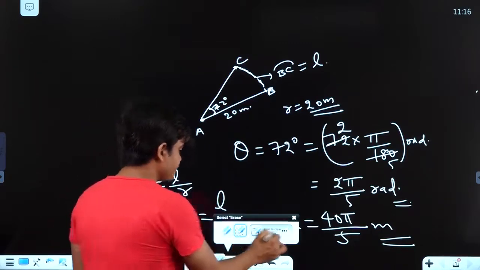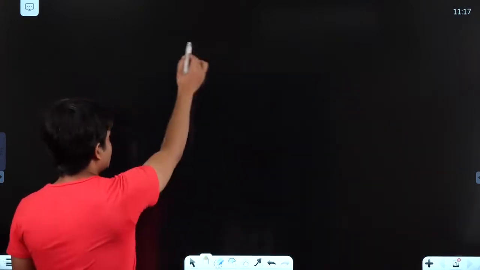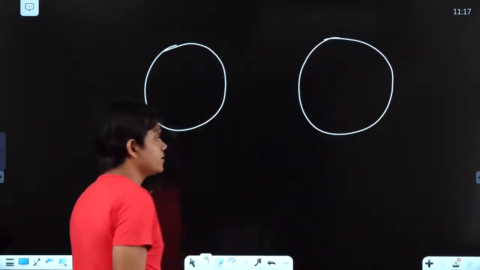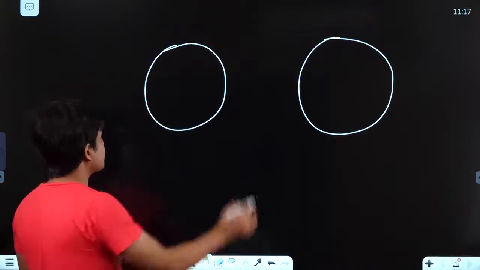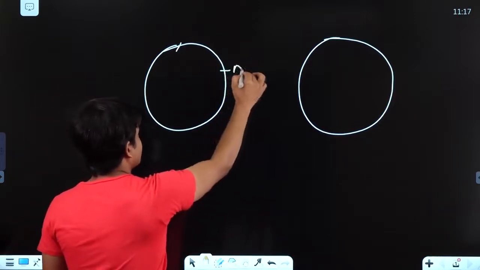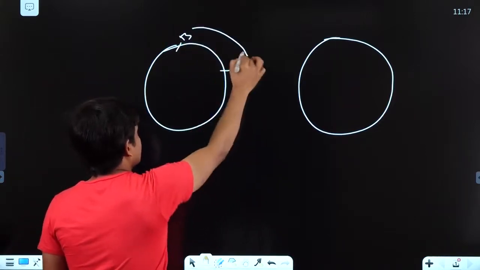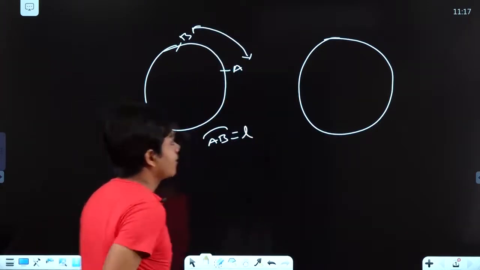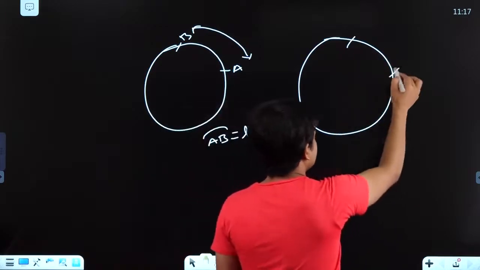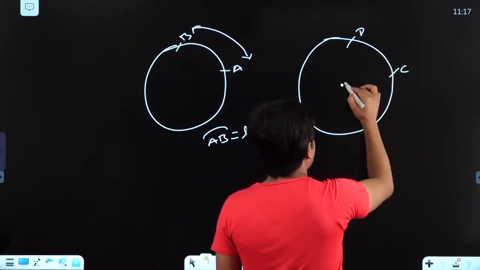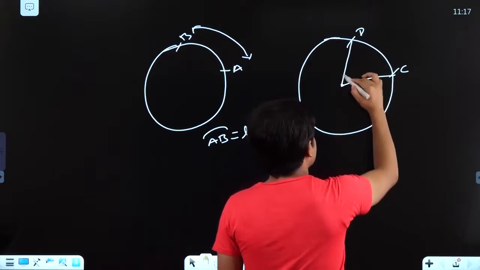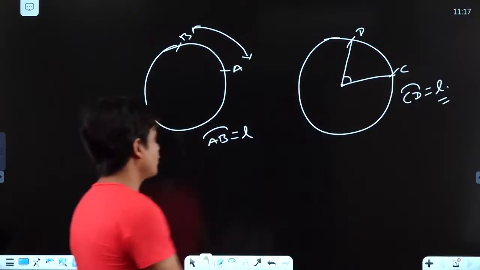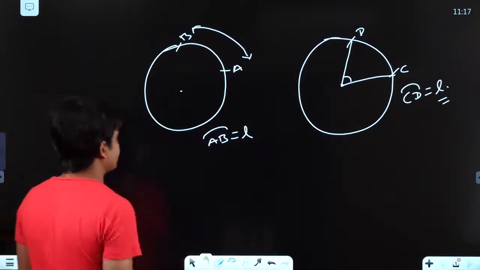One more thing, think you have two circles, and the same arc length. If this is AB, the arc length AB is L over here, and the arc length CD is also equal to L, and this is the center.